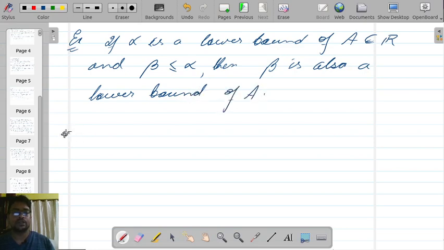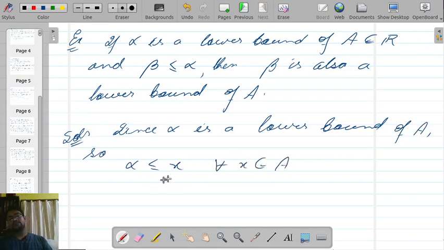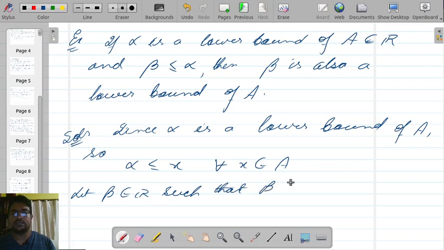The solution is very simple, just as I have shown. Since alpha is a lower bound of A, alpha is less than or equal to x for all x inside capital A. Writing x greater than or equal to alpha is the same as writing alpha is less than or equal to x for x inside A. Now let beta belong to the real numbers such that beta is less than or equal to alpha.